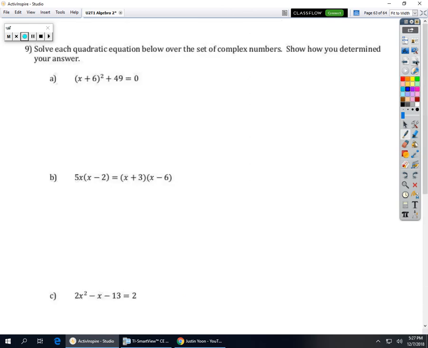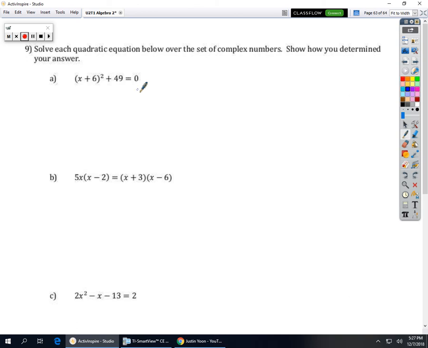All right, moving along. This is the entirety of the algebraic part now. Solve each quadratic equation below over the set of complex numbers. Because this is just a quadratic, all of your solutions are going to exist, and there can't be any extraneous solutions.